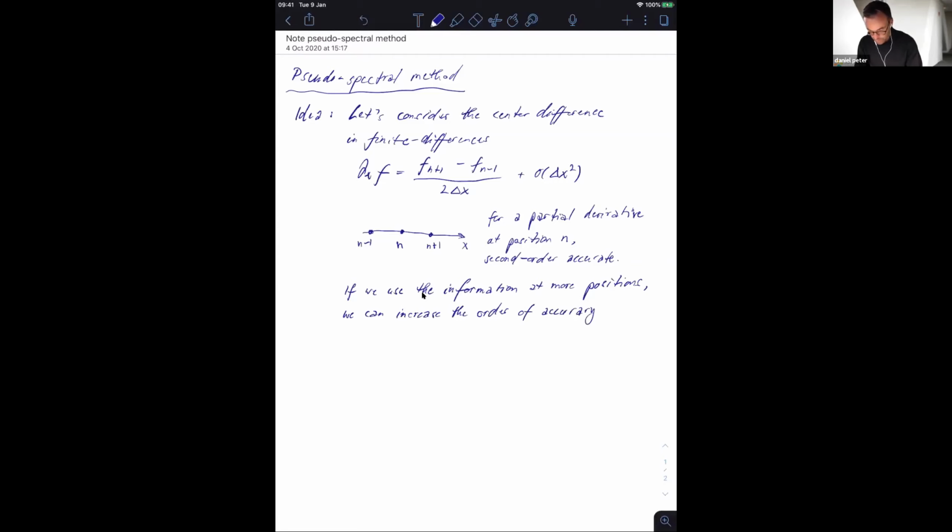It's basically the observation that we have from the higher order finite difference schemes. So the idea behind pseudo-spectral methods is why not use all the points.